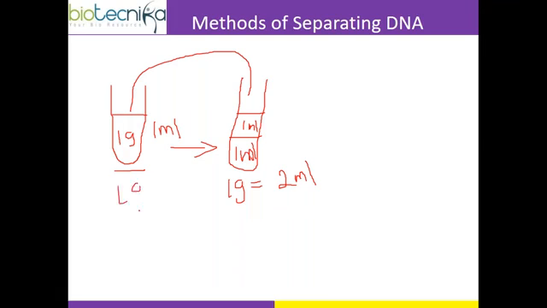Initially 1 gram in 1 ml, now 1 gram in 2 ml. So 2 times it is diluted. If instead of 1, I put 4 ml, 1 gram is diluted in 5 ml. So 5 times it is diluted.